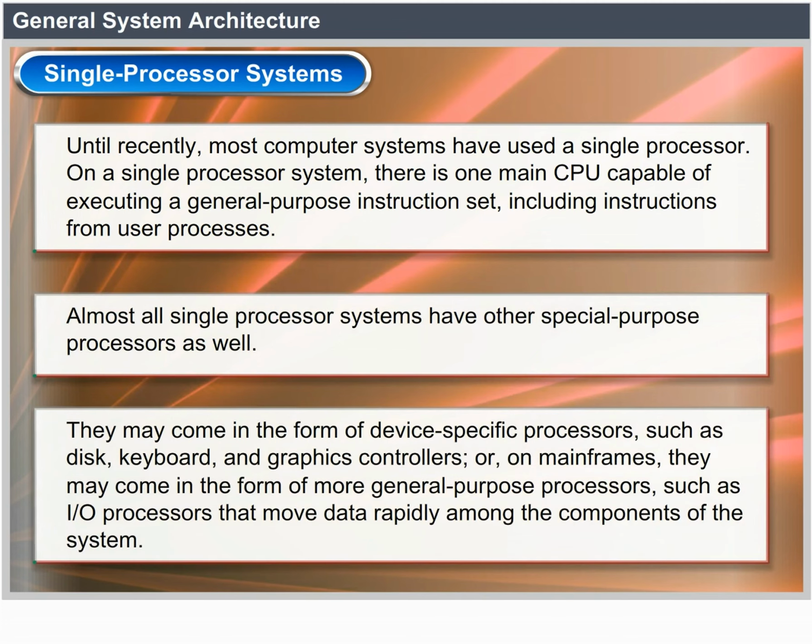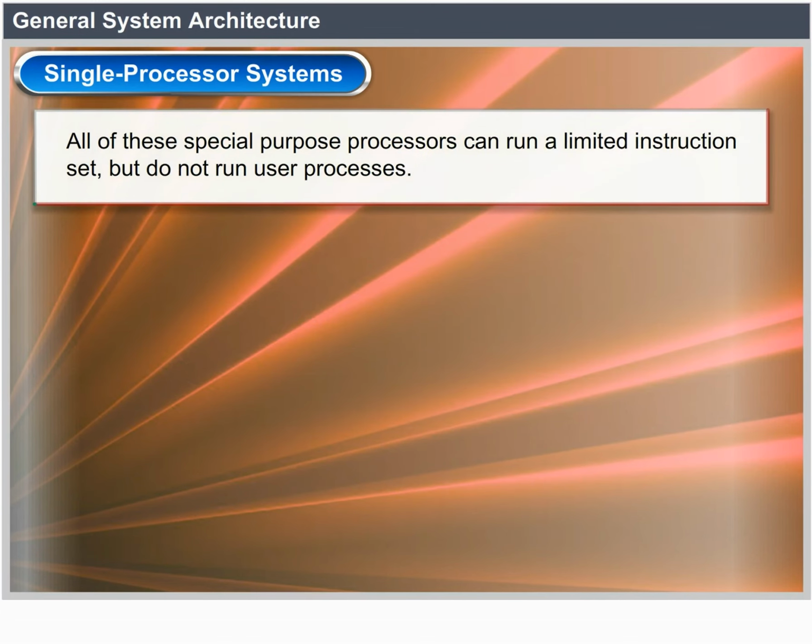They may come in the form of device-specific processors such as disk, keyboard, and graphics controllers, or on mainframes, they may come in the form of more general-purpose processors such as I/O processors that move data rapidly among the components of the system. All of these special-purpose processors run a limited instruction set and do not run user processes.